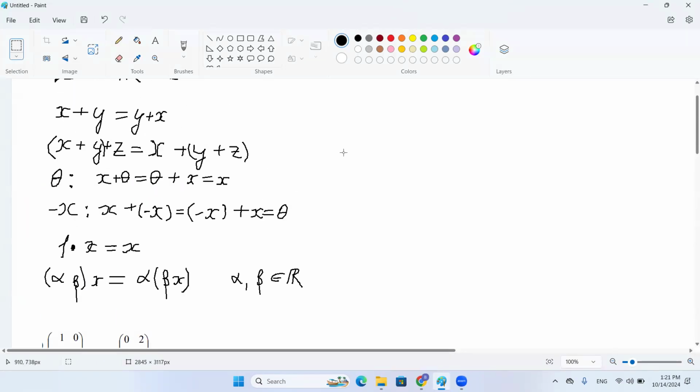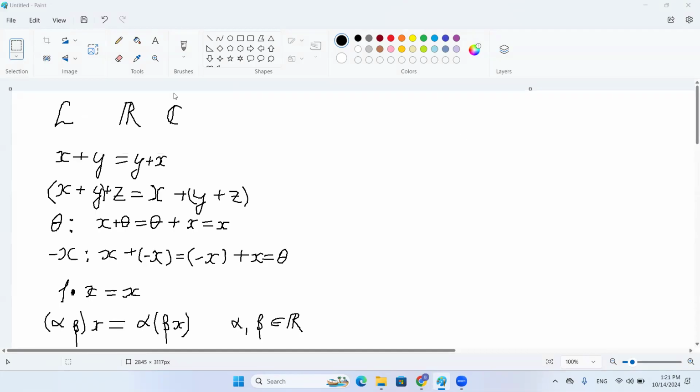Yeah, so linear independence generally means that any element from the linear space cannot be received as a linear combination of other elements.